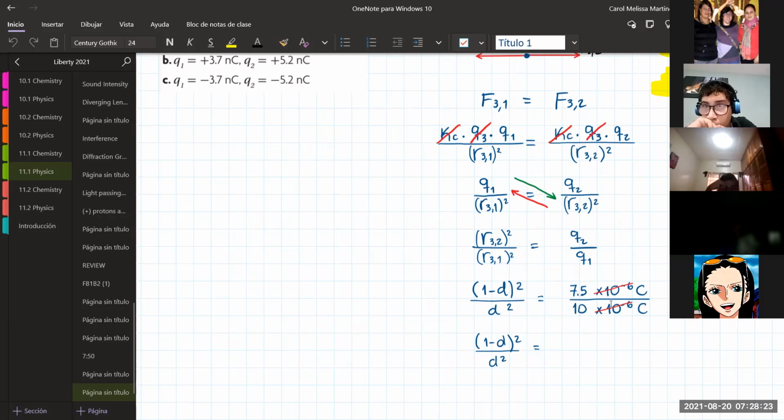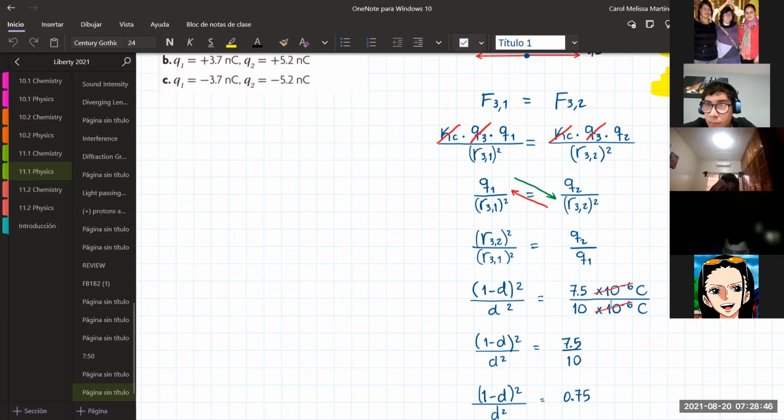So this is 7.5 divided by 10. So we continue. This is equal to 0.75.